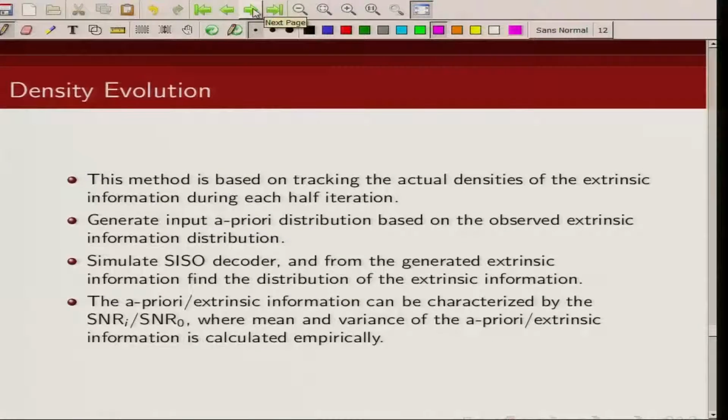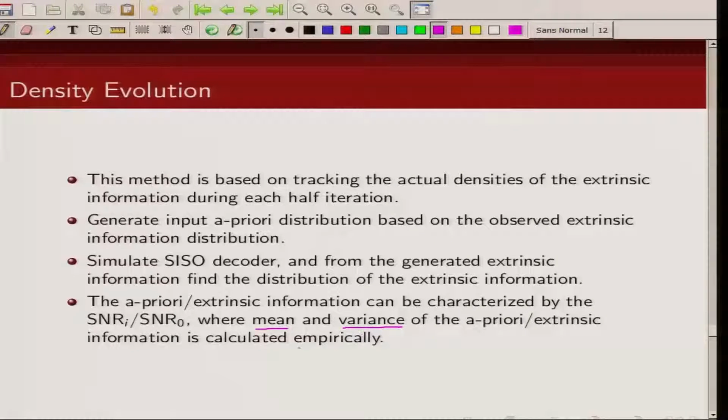And similarly, they characterized the SNR of the input distribution as well as the output distribution using mean and variance, which was empirically computed. So, they did not assume that consistency criteria which Al-Gamal and others did. They actually used the observed density, they generated a priori information based on the observed distribution of the extrinsic information.